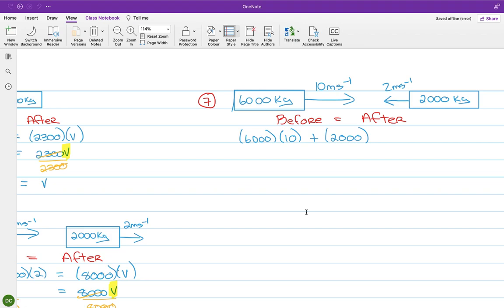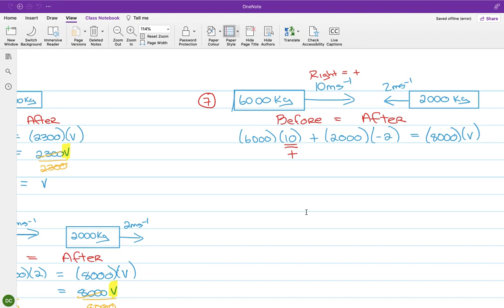I've made the 10 positive, so right is positive, which means the 2 is going to have to be negative, so it goes in as -2. After they stick together, it's 6,000 plus 2,000, so that's 8,000, and we don't know the velocity.